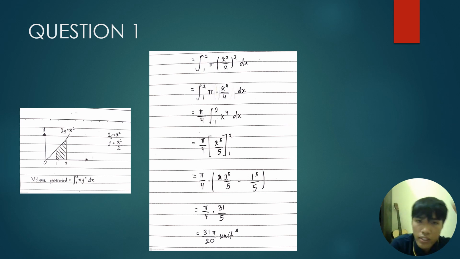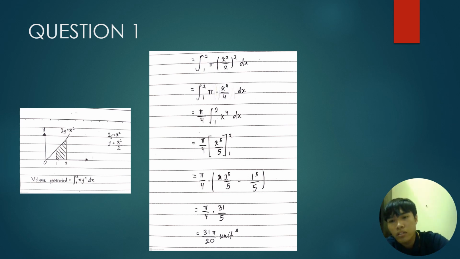We see that (x squared over 2) squared, we can expand it. So we got x to the power of 4 over 4. So we put it in the equation, and then it goes like integrate 1 to 2 of pi times x to the power of 4 over 4 dx.